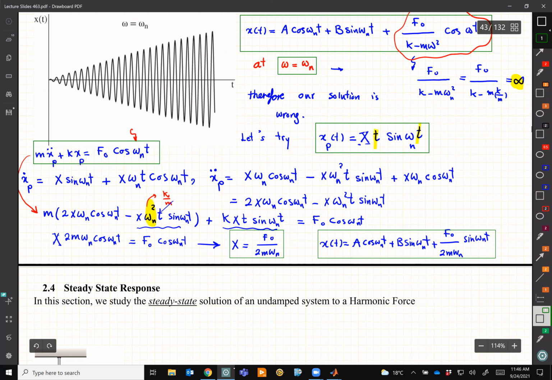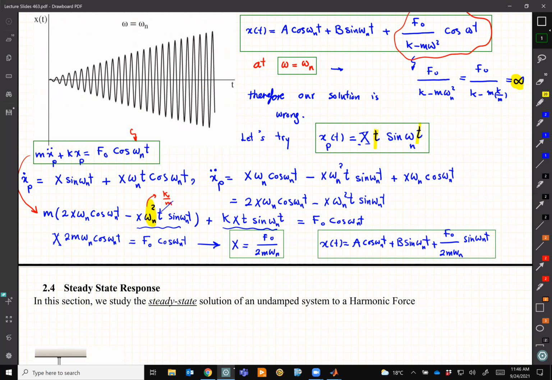So this is the final answer when omega is equal to omega n, and we have a t here. There is a t over here, right?